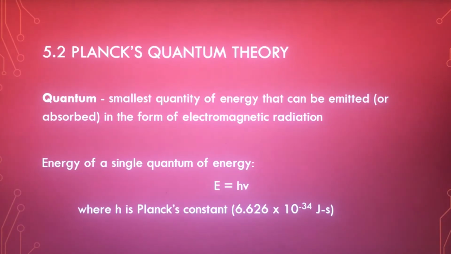So how do we calculate this energy? We have this formula: E is equal to h nu. So h is the Planck's constant. This is the second constant that you must remember in this chapter. And nu here is still the frequency. Nu, we all know from the previous topic, can also be converted into c over lambda.